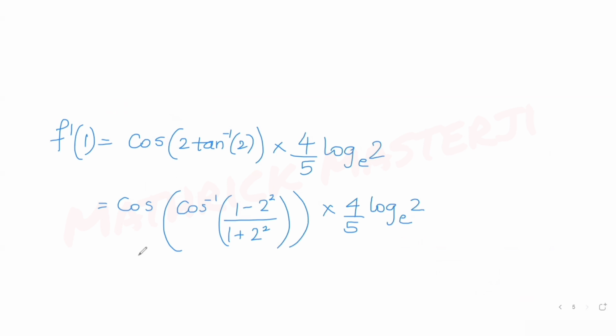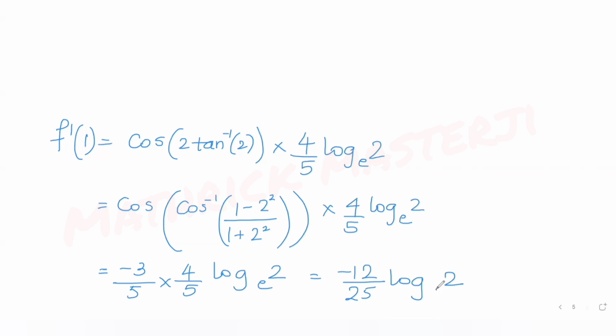So you get your cos of cos inverse goes, and you are left with just this expression. This is 1 minus 4, minus 3, 1 plus 4, that is 5. And from this, you get the idea. It is minus 12 by 25 log 2 to the base e.